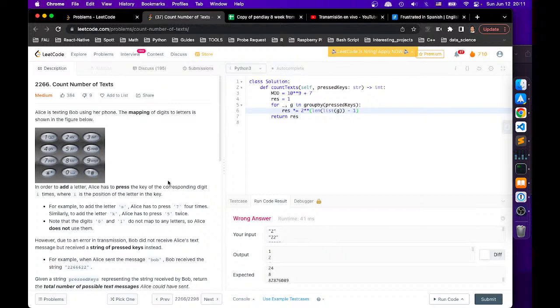So for 2, 3, 4, 5, 6, and 8, they are the same, right? So for 4, it's going to be 7 because we don't have 4. It doesn't mean anything. Okay, so the building blocks for them are 1, 2, or 3.